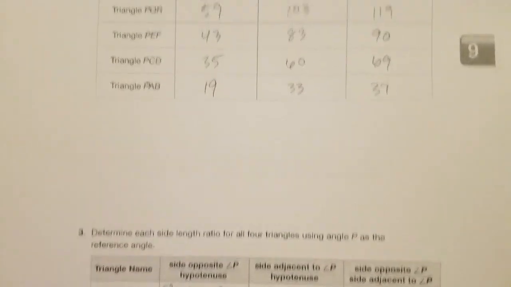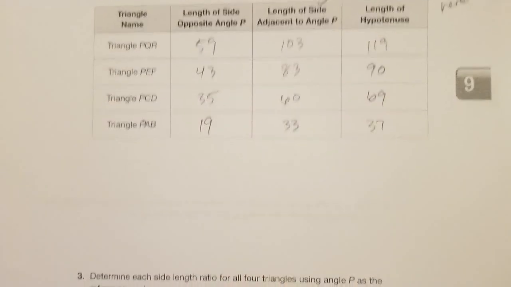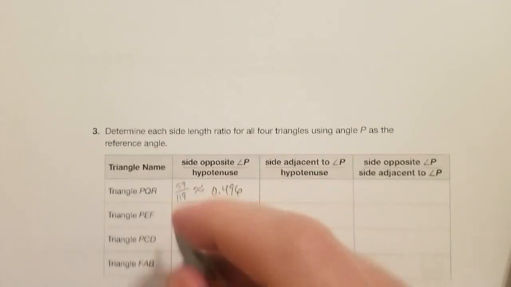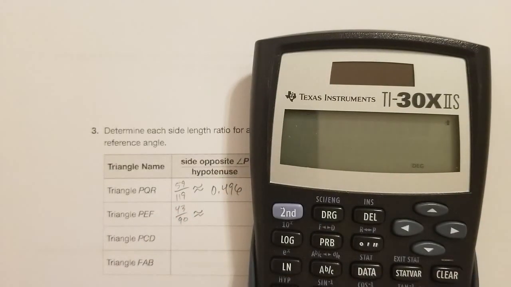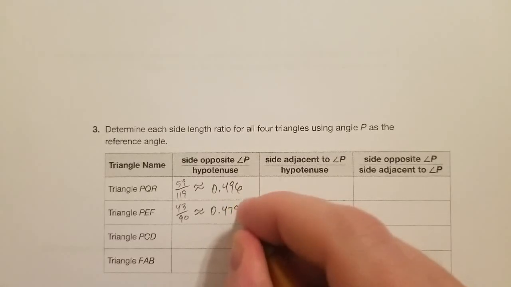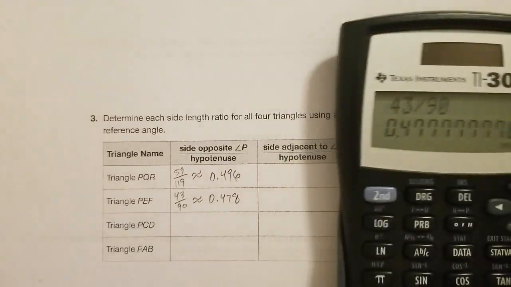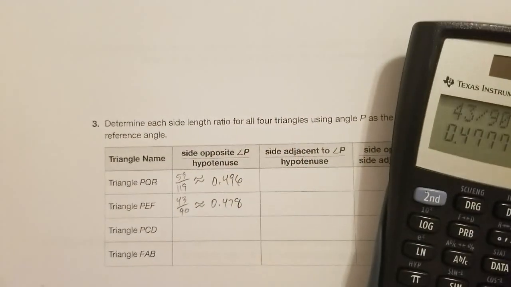Okay. Let's try the next one, 43 over 90. That's pretty close to 0.478. And then PCD, that's the next one. This is going to be 35 over 69.